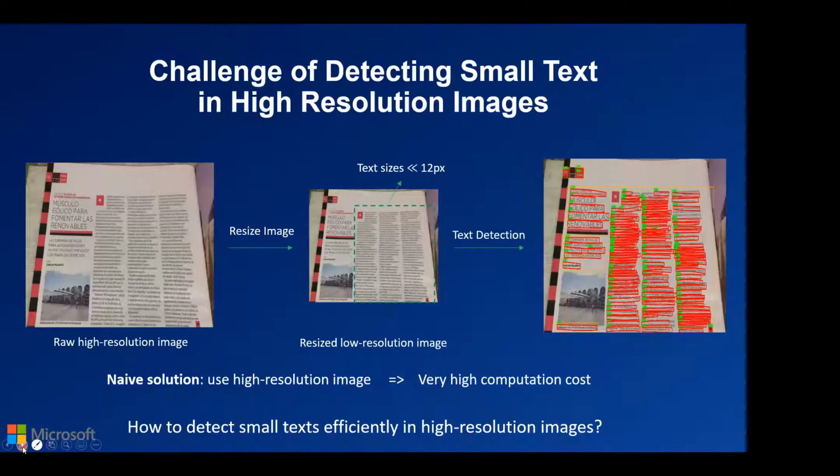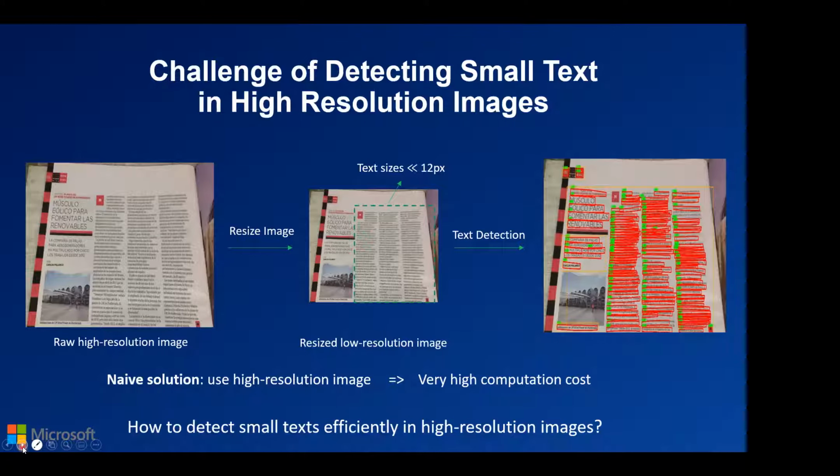One additional challenge that we have for OCR is detecting small text in high resolution images. As I mentioned earlier, one challenge for OCR is that we need to maintain the image at a very high resolution to make sure that the texts are not resized to a size that cannot be recognized. But internally, we still have to set a certain resolution.